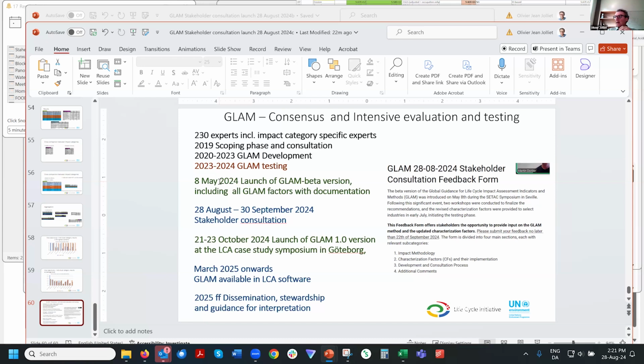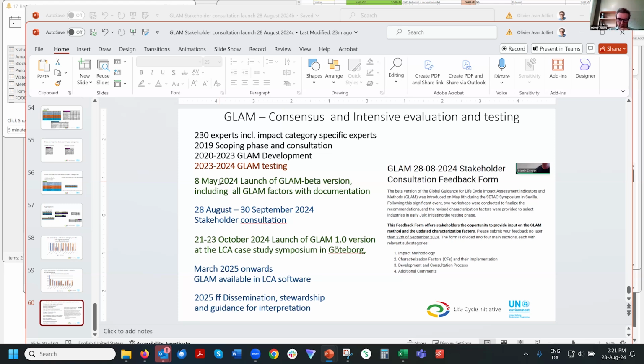Many of the underlying methods are also useful, not only in our case, we have the UStock software. Now it's doing product, can do it in a compatible way also with the safe and sustainable by design community. And we start serving multiple communities through the GLAM that we have here.